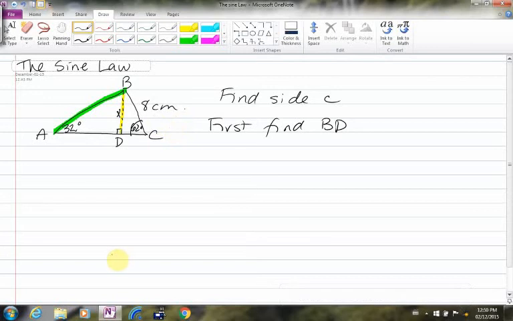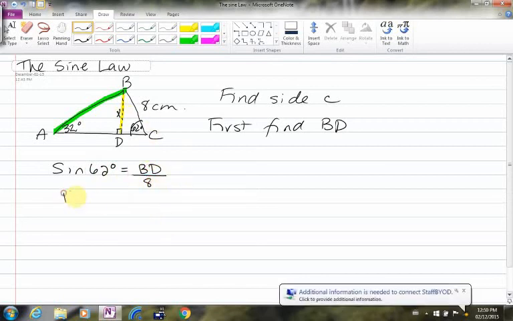So what side are we looking for? And what side do we have? Hypotenuse, so not cosine, sine. So the sine of 62 degrees equals BD, or x, over 8. So BD would be 8 times the sine of 62 degrees.